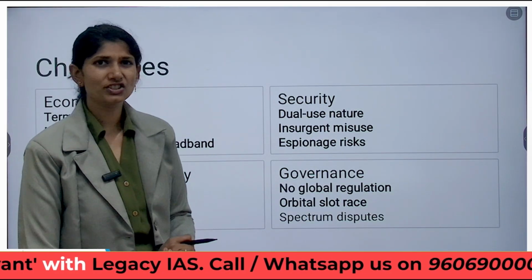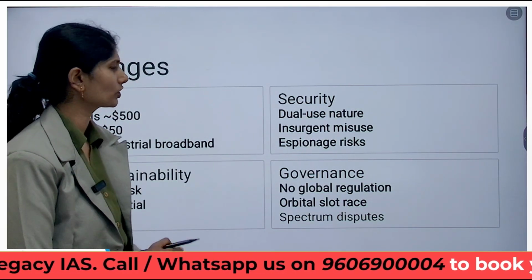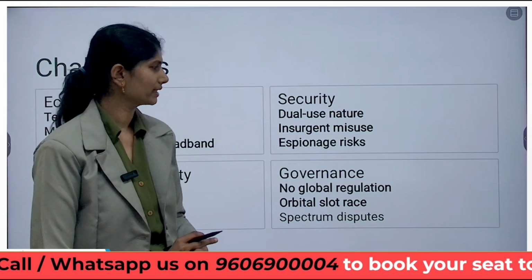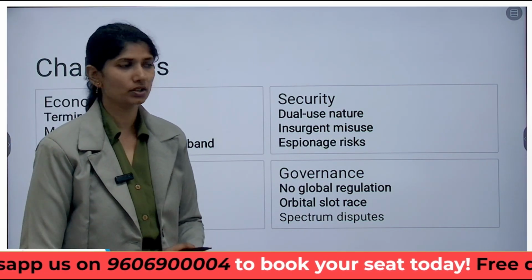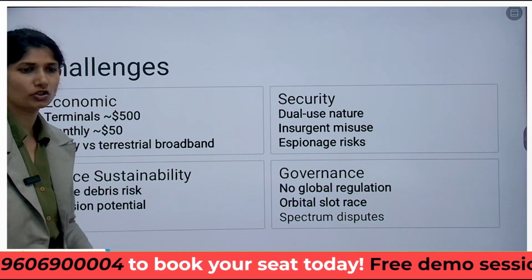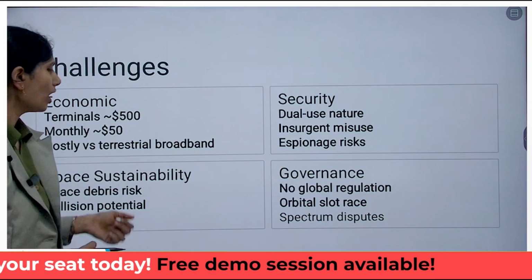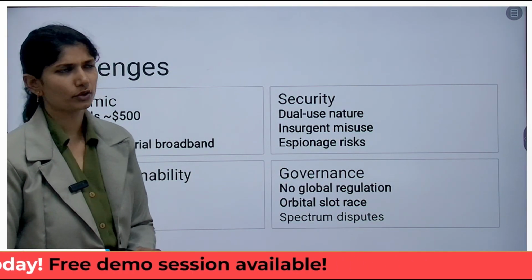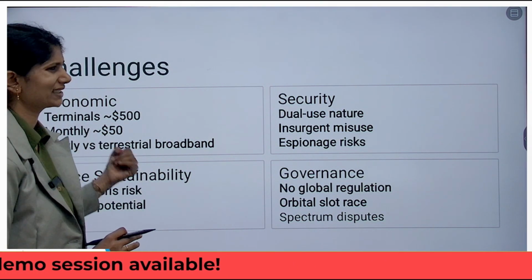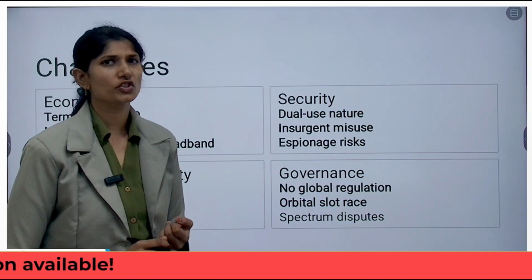So what are the challenges? Like we discussed, first thing is your security, because of its dual nature, insurgents can misuse it. At the same point of time, it increases espionage risks, and economically it will be around $50 monthly, and this is costlier with respect to terrestrial broadband.